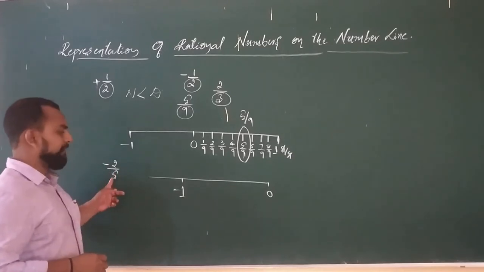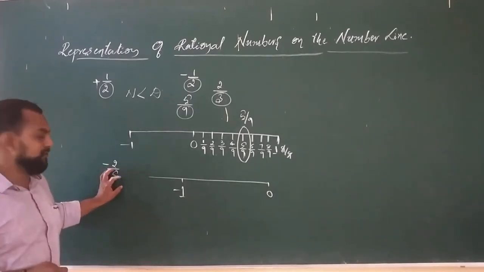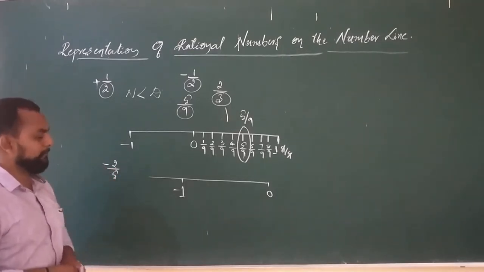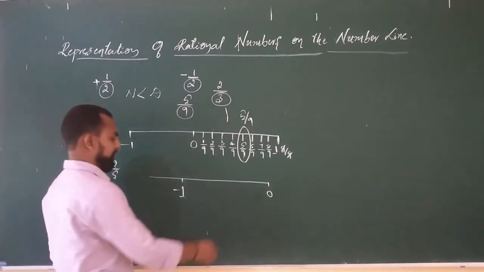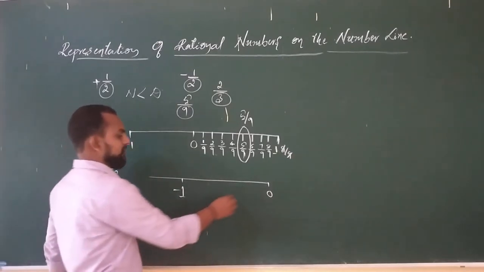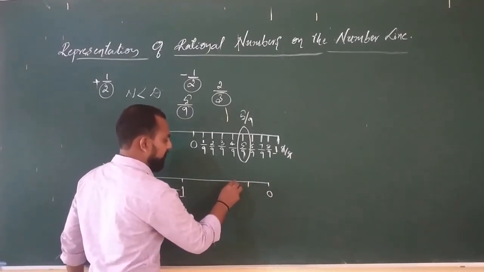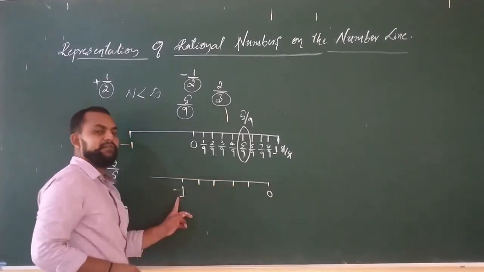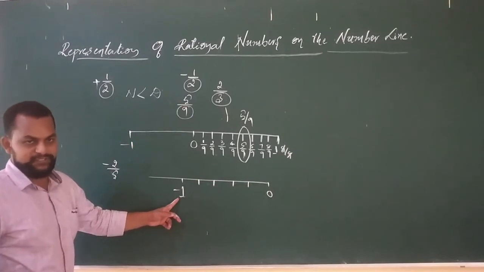The denominator represents the number of parts. Here the denominator is 5, so there are 5 equal parts: 1, 2, 3, 4, and this one is 5. 5 by 5 is minus 1.